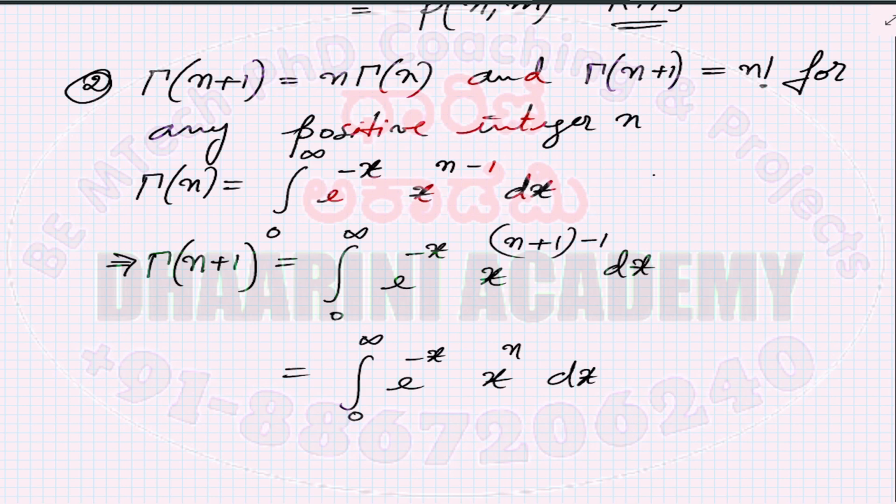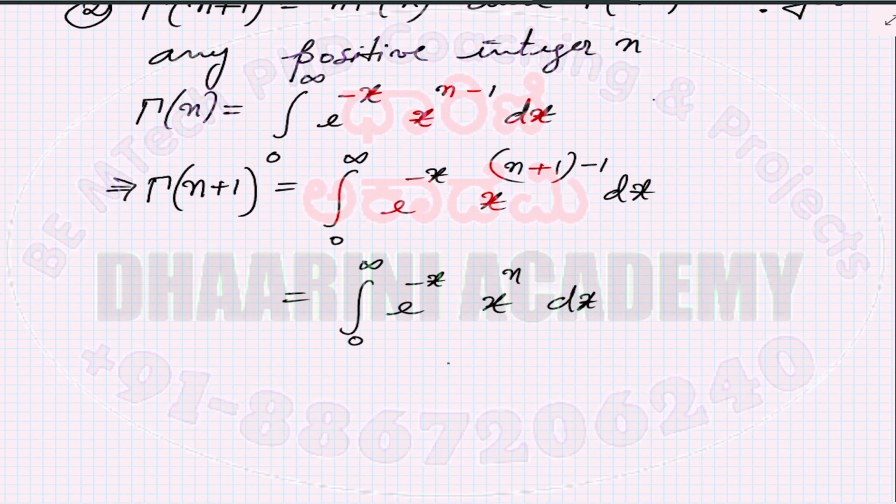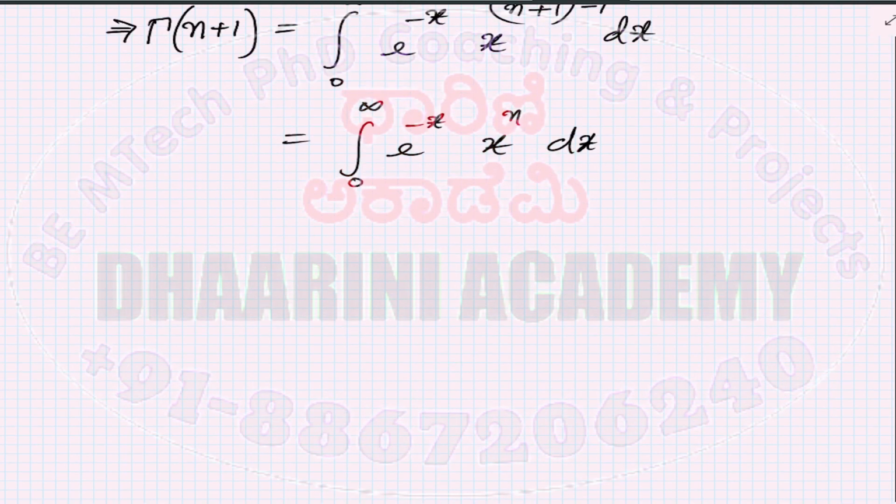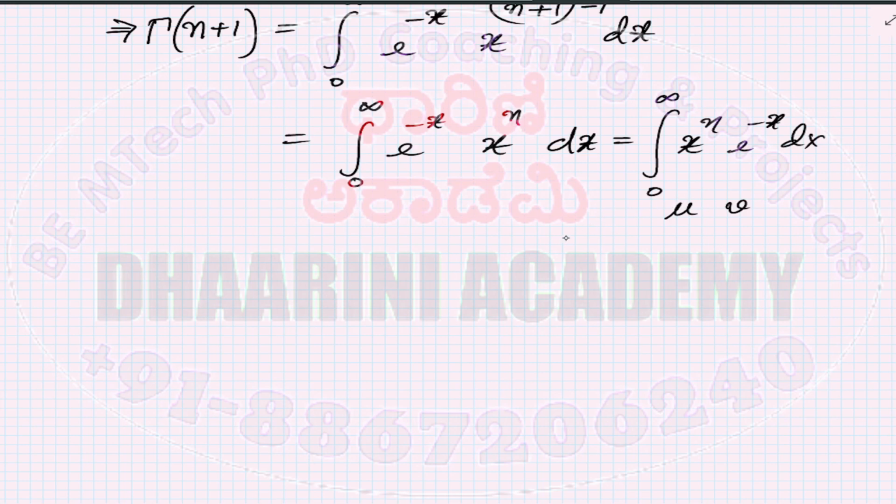Now when I have a product and I have an integration, we use integration by parts. But just before applying it, I change their positions because that will help me in the integration. So I write x to the n first, e to the minus x dx. This is integral uv, so I'm going to use a specific technique of integration called integration by parts.